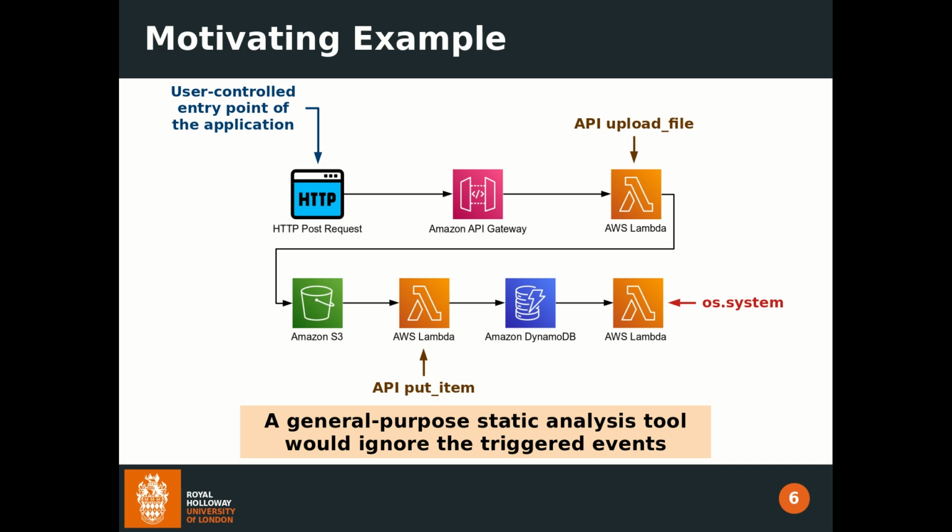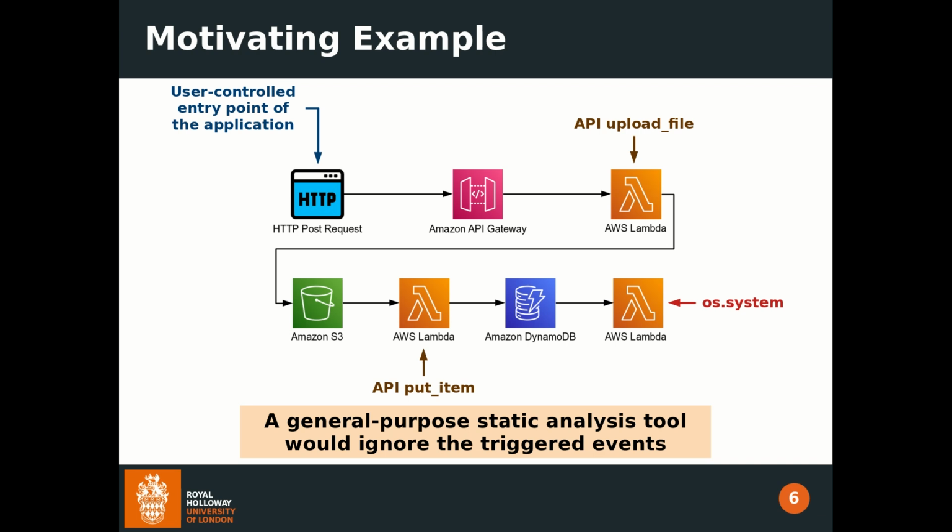The first is triggered by the HTTP post request itself. This handler then calls the API upload file, which raises an event and triggers the execution of the second handler. The API call putItem raises another event, and this is the reason why the third handler gets executed.